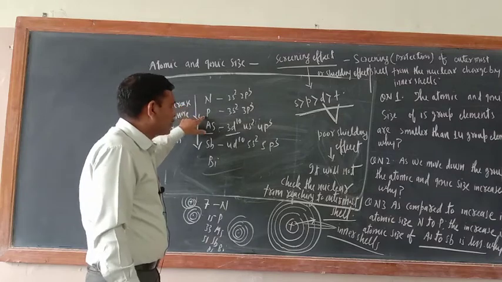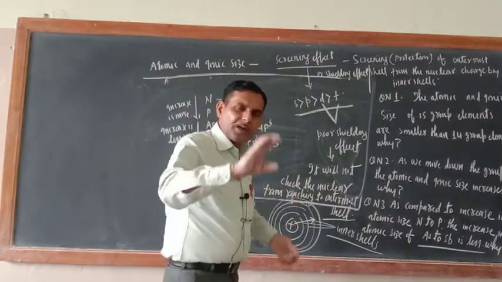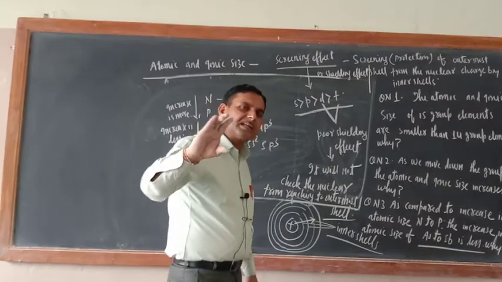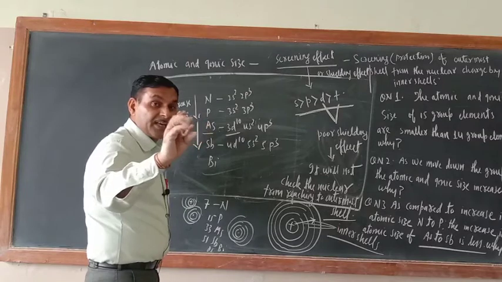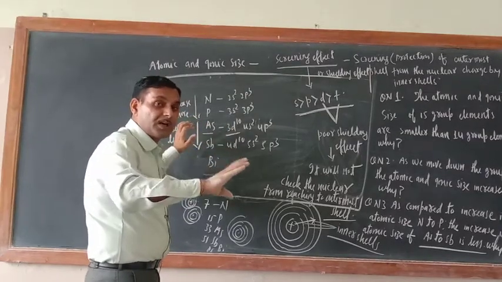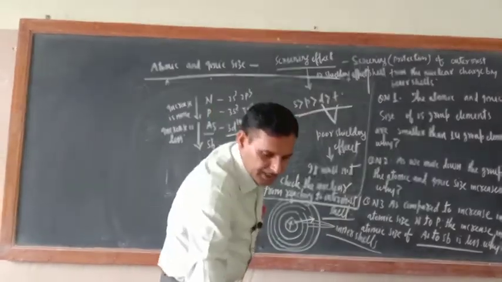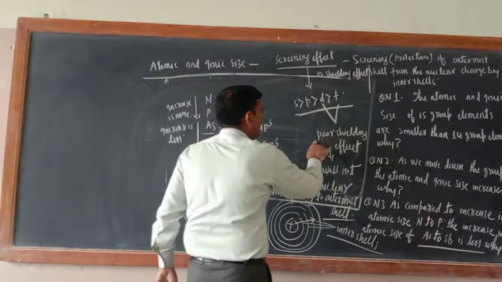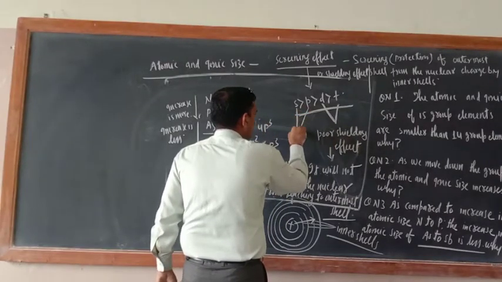While in the case of nitrogen and phosphorus, d orbital is not there, only s and p orbital is there. That is why they are protecting the outermost shell electrons from the nuclear charge, because their shape is compact. Here you can write d and f, poor shielding effect. What about s and p?